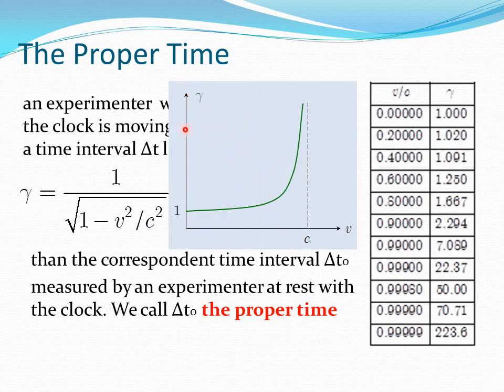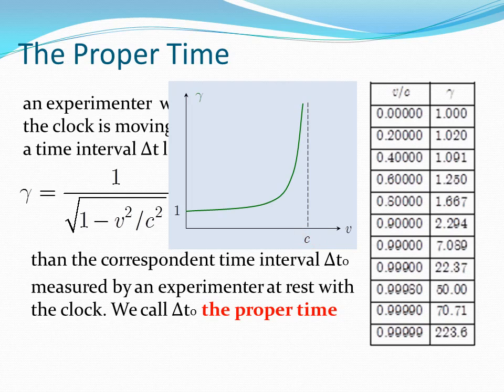This is the behavior of the gamma factor as a function of the speed. As you can see, it remains close to 1 and it gets steeper and steeper as you get closer and closer to the speed of light.